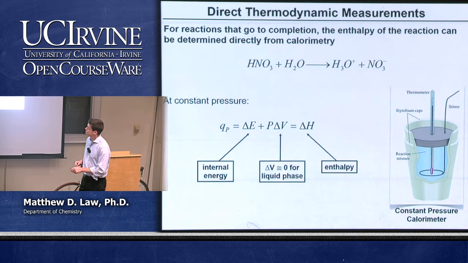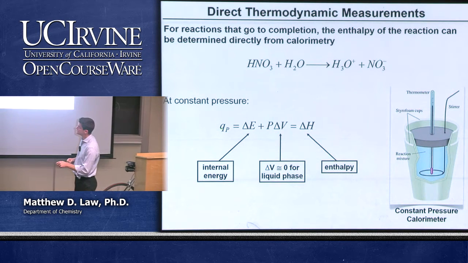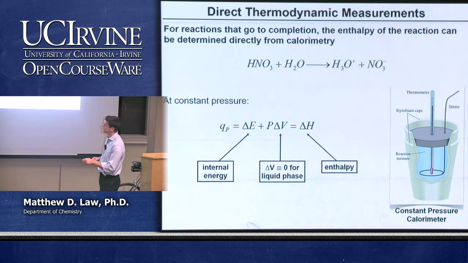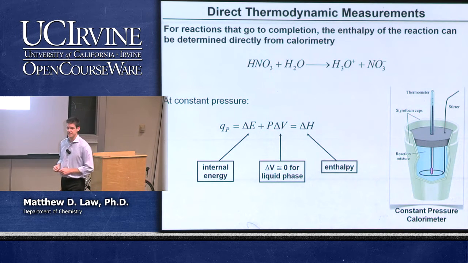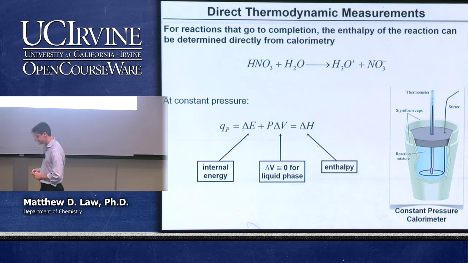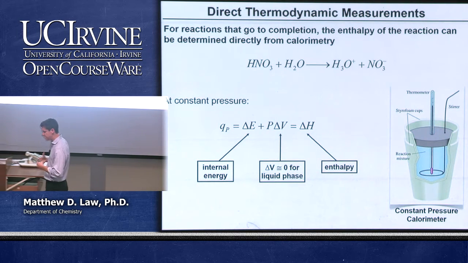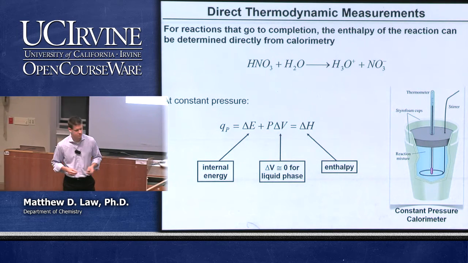But the PV term, the change in volume, is essentially 0, and so this term drops away. The heat that's measured is related directly to the internal energy, and that's basically equal to the enthalpy, because the PV term in this case is so small. So just by looking at heat evolved or heat taken up, we can measure delta H.